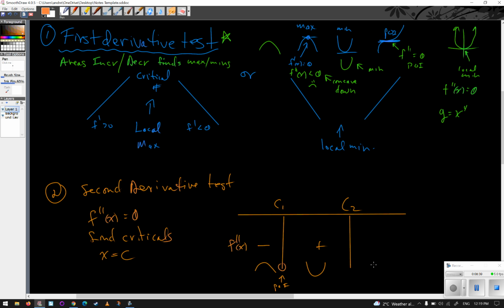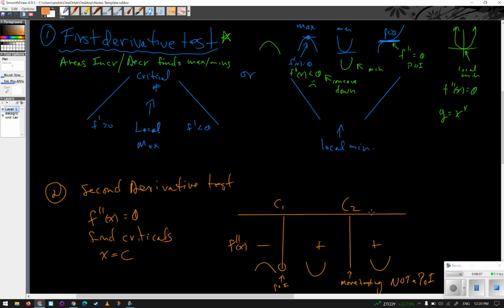Whereas if this one continued, and maybe we check over here and it's still concave up, then it's going to be another one of those where more testing or thought is required, right? But what it isn't going to be is a POI, right? And so that's going to be our second derivative test, putting the critical values from f double prime at x equal to 0 along the top.